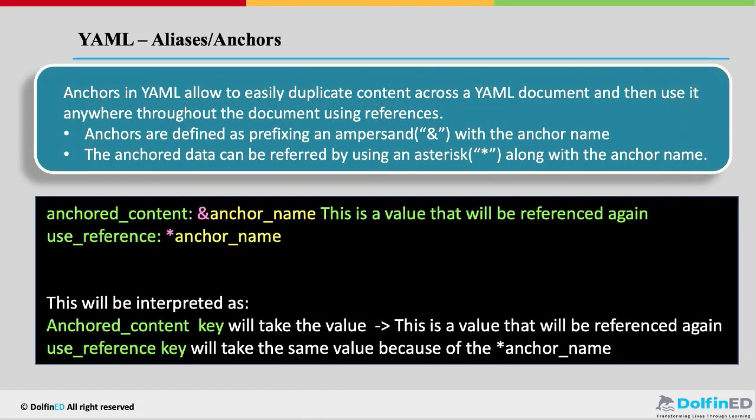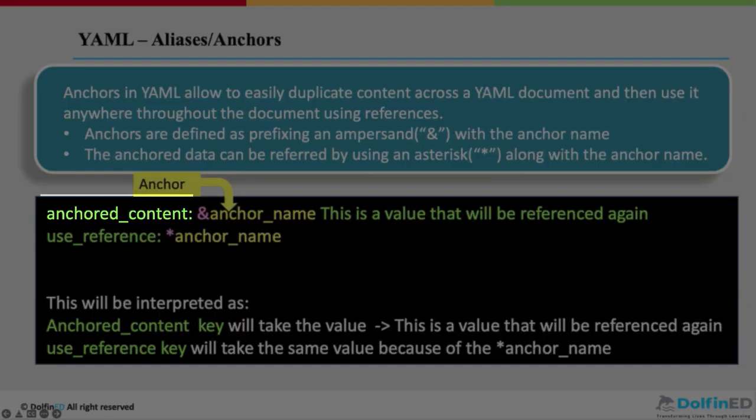Okay, going back to our slides, and there's a new feature called the aliases and anchors. So what is that in YAML? Using anchors will allow us to easily duplicate content across a YAML document and then use it anywhere throughout the document using references. Let's say that you have a key value, okay? And like here, the anchored content, colon, space, and then this is the value that will be referenced again.